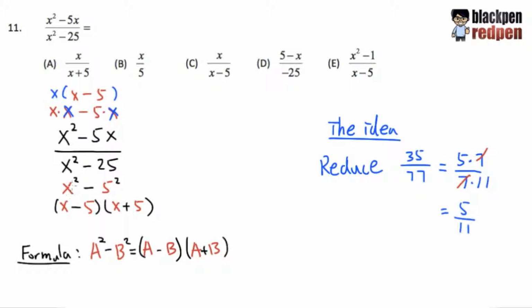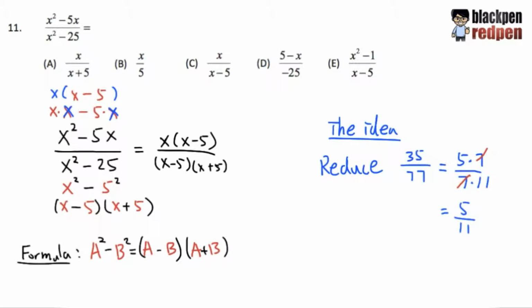As you can see, x squared minus 5 squared, it's the same as x minus 5 times x plus 5. This is the factoring for that. Let me put this together nicely for you guys. On the top, after we factor x squared minus 5x, we have x times x minus 5. So I'll put down x times x minus 5. And then for the bottom, we have x minus 5 times x plus 5.